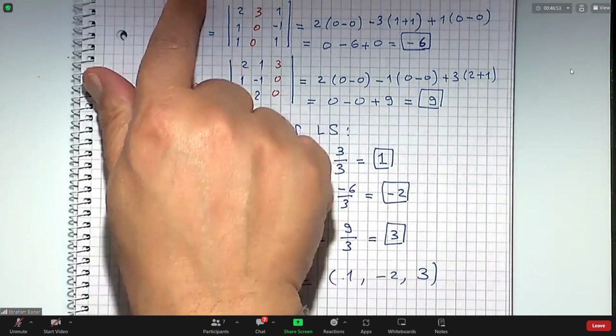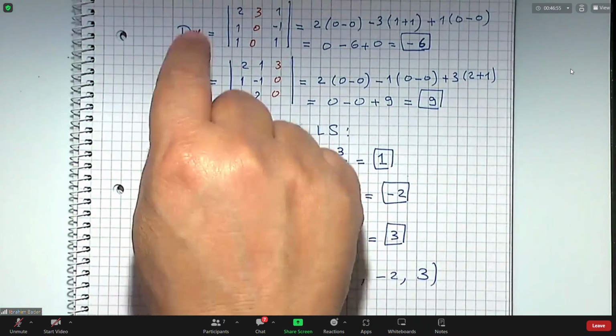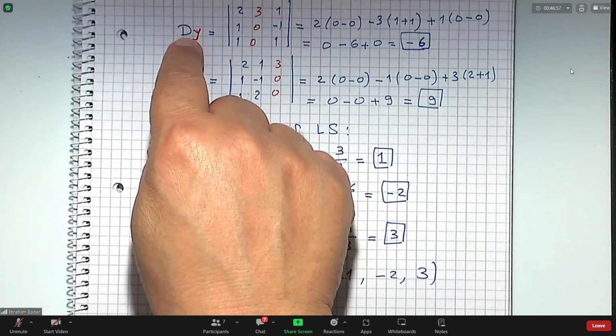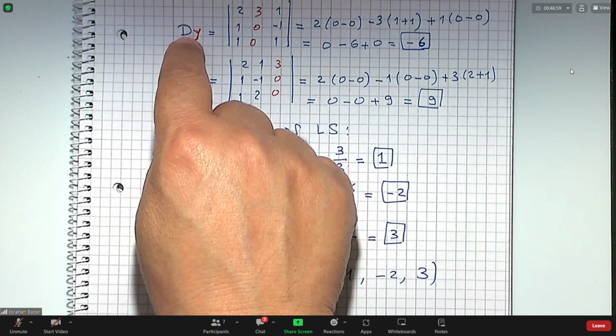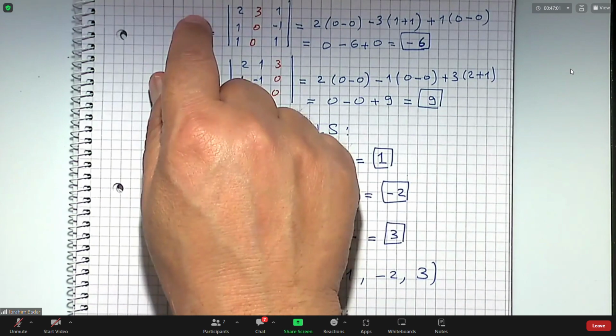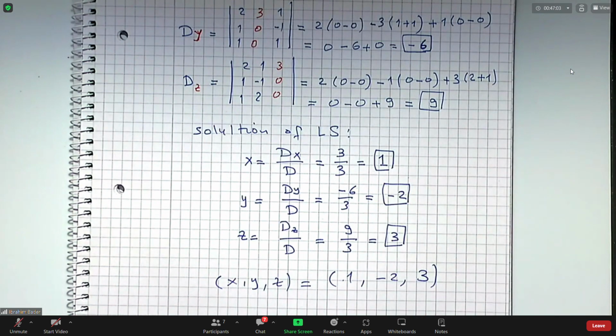So no need even to construct this determinant, that determinant, just substitute the column where the y variables occur, and then divide this determinant by the determinant of the coefficients, and you got your answer. This is in contrast to the other methods, because with other methods you need to give the solution for the linear system for all variables, and then you choose the variable that you are looking for. So in this case, it is a bit easier.